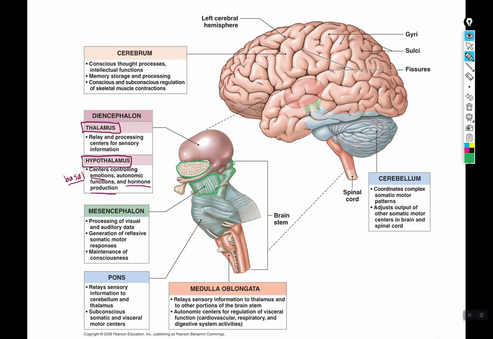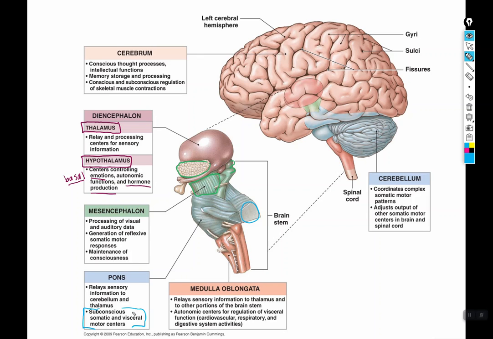Under that, we have the pons, which has cerebellar peduncles, so it can take sensory information coming in and relay it both to the cerebellum and upstairs to the thalamus. And it also has a variety of nuclei, so populations of neurons in neural pools and circuits that coordinate both somatic and visceral motor sensors.